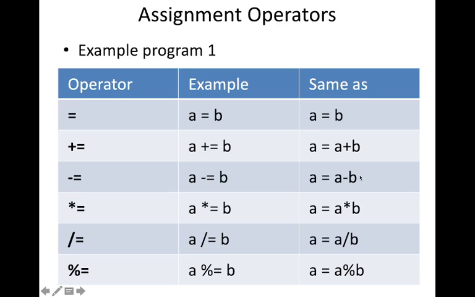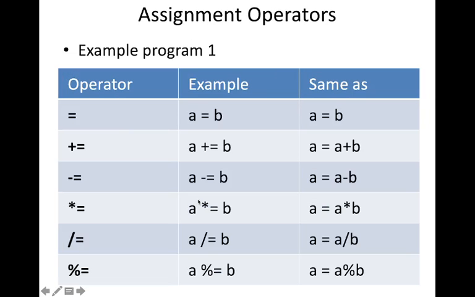It will subtract b from a, and that value will be assigned to a. Similarly, star equal to will multiply and assign the value. Then we have divide equal to, which will divide and assign. Here it is a mod b, and the value will be assigned to a.